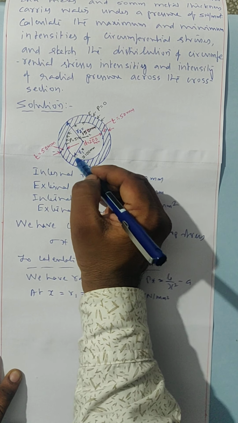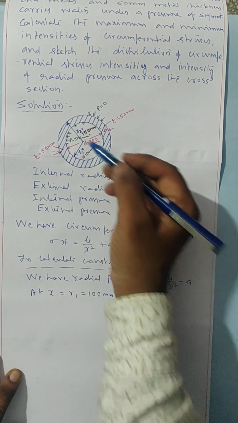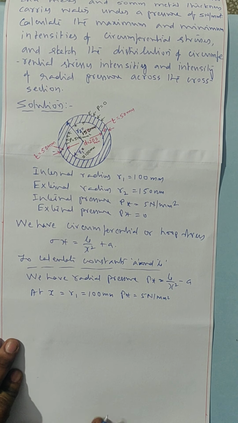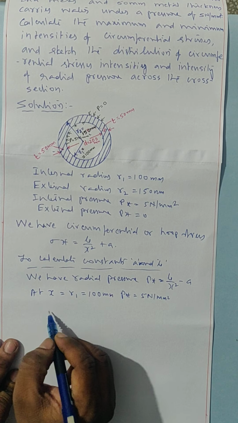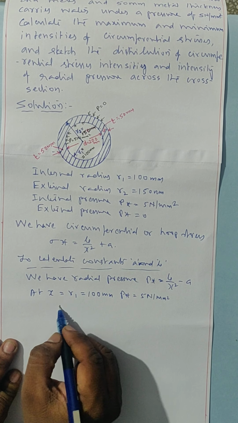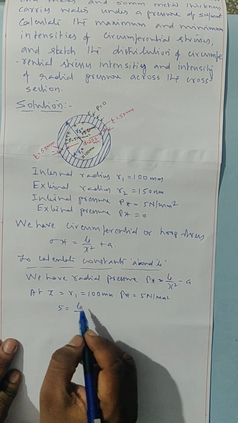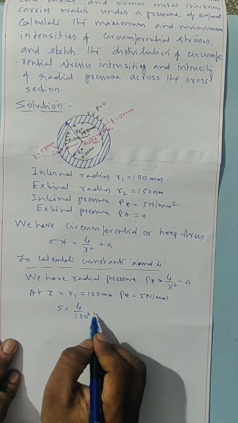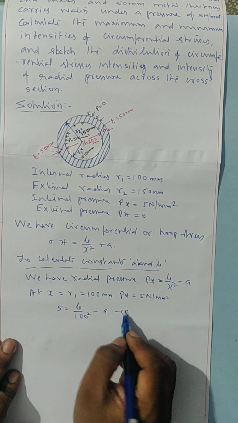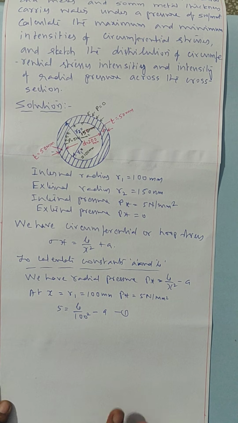We can write in this equation: 5 equals b by 100 square minus a. Equation 1.